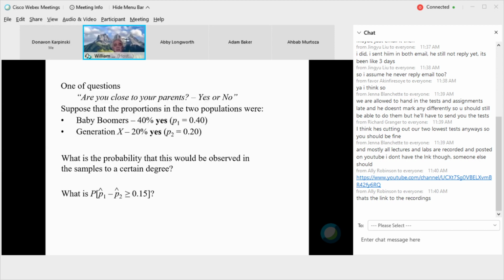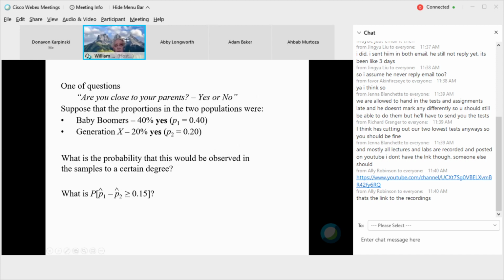One of the questions they were asked was, are you close to your parents? Suppose that the proportions in the population were known, and 40% of baby boomers said they were, 20% of Generation X said they were. What is the probability that this will be observed in the samples to a certain degree?